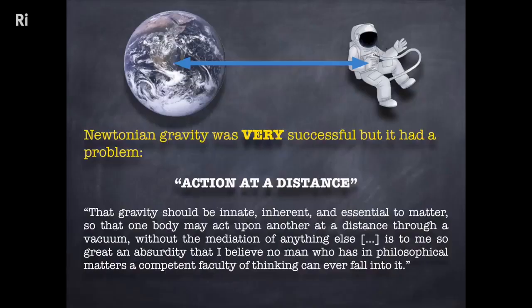And one of the thinkers who was around at the time of Newton said the following thing: that gravity should be innate, inherent, and essential to matter, so that one body, such as the Earth, may act upon another, such as the astronaut, at a distance through a vacuum without the mediation of anything else is, to me, so great an absurdity that I believe no man who has in philosophical matters a competent faculty of thinking can ever fall into it.